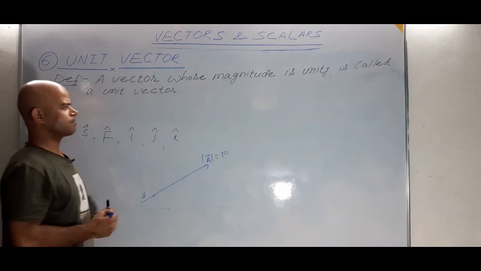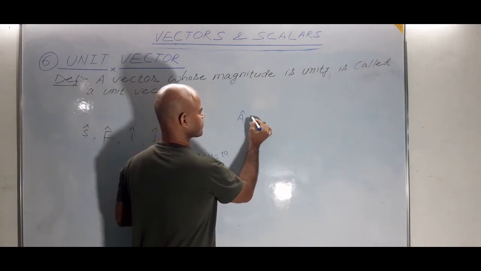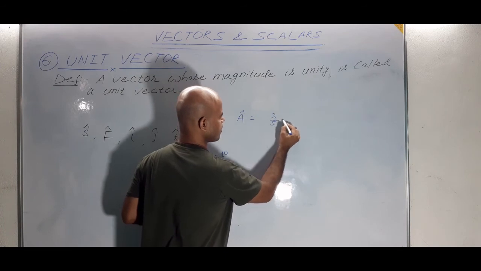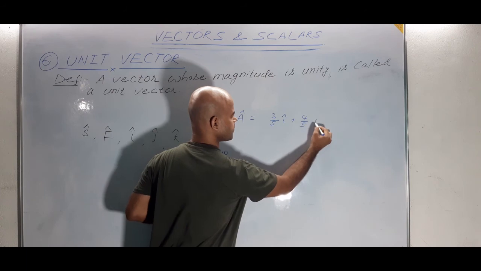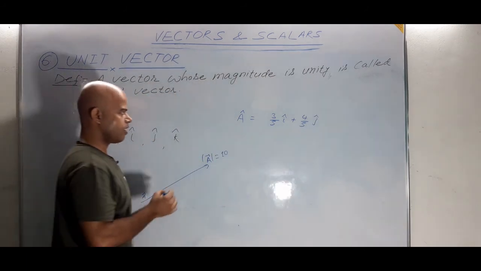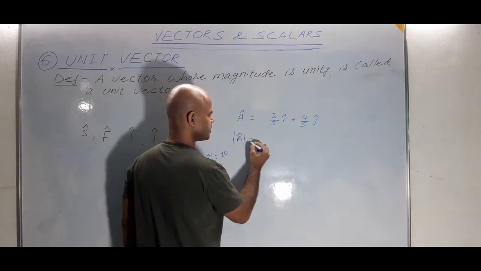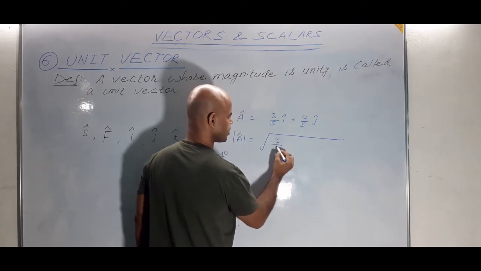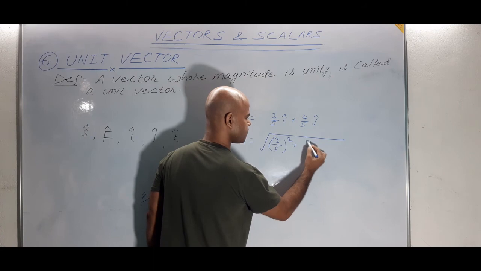Let's take an example. Suppose a vector is given, A cap is equal to 3 by 5 I cap plus 4 by 5 J cap. This is a unit vector because if we find its magnitude, mod of A cap is equal to root of x component square, 3 by 5 square, plus y component square, 4 by 5 square.